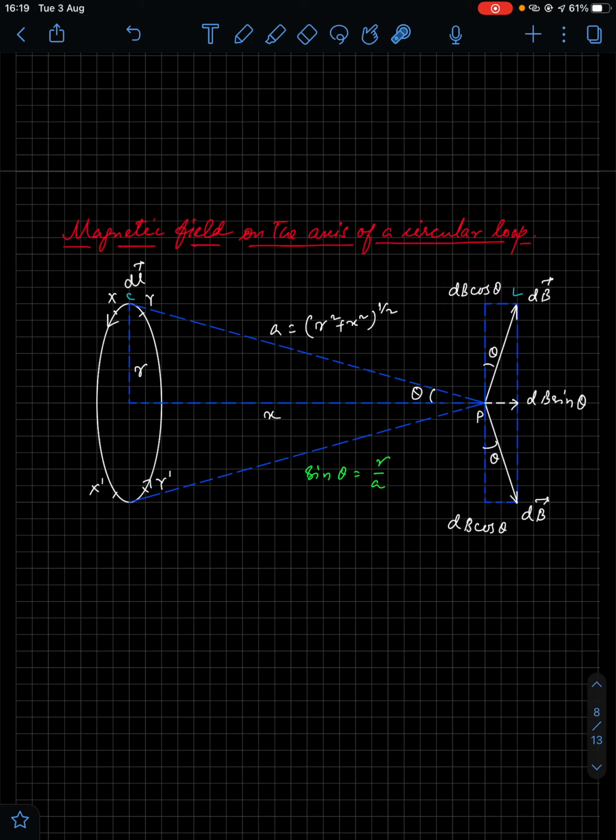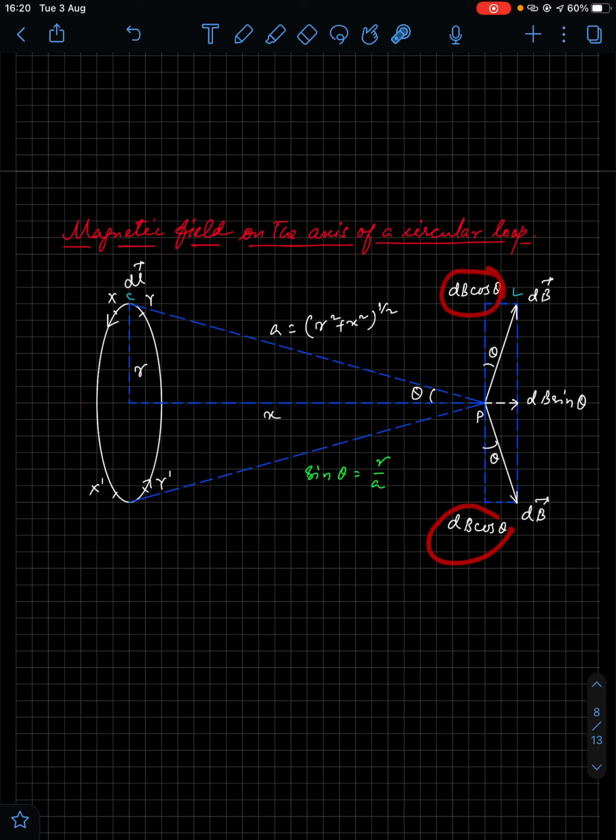Now, if this element has one dB cos theta here, this element has another dB cos theta here, this element will also have one dB cos theta, which is outside this page, perpendicularly outside. This element will have a dB cos theta here, which is perpendicularly inside the page.